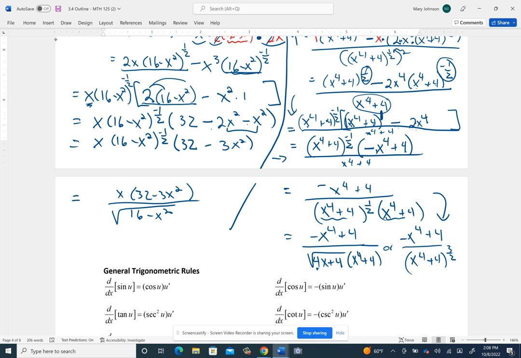And then I would think about that as negative x to the fourth plus 4 over square root of that cubed. Okay. And these are both okay. Personally, I like it like that, so that if I'm asked to find what the slope is at a certain point, I think it's easier to calculate it when these are not separate. Okay.